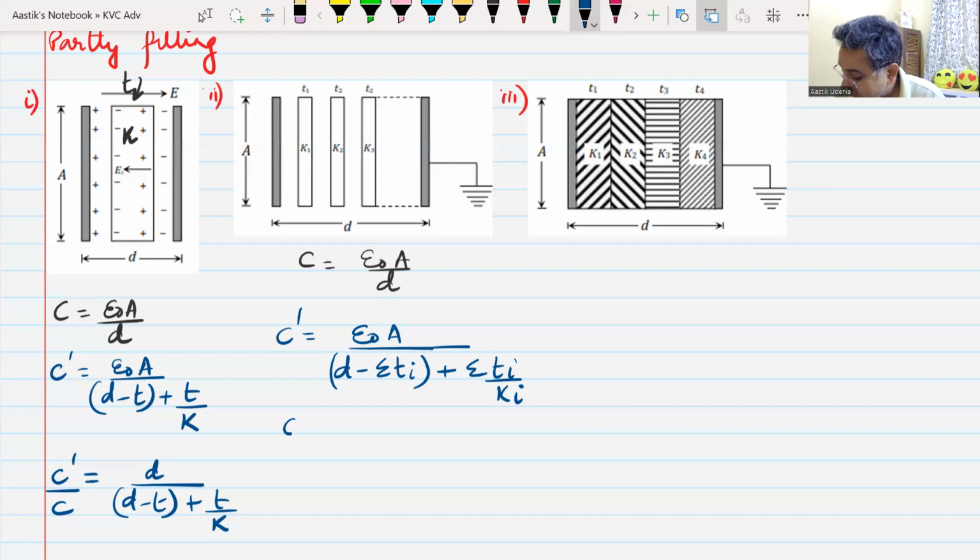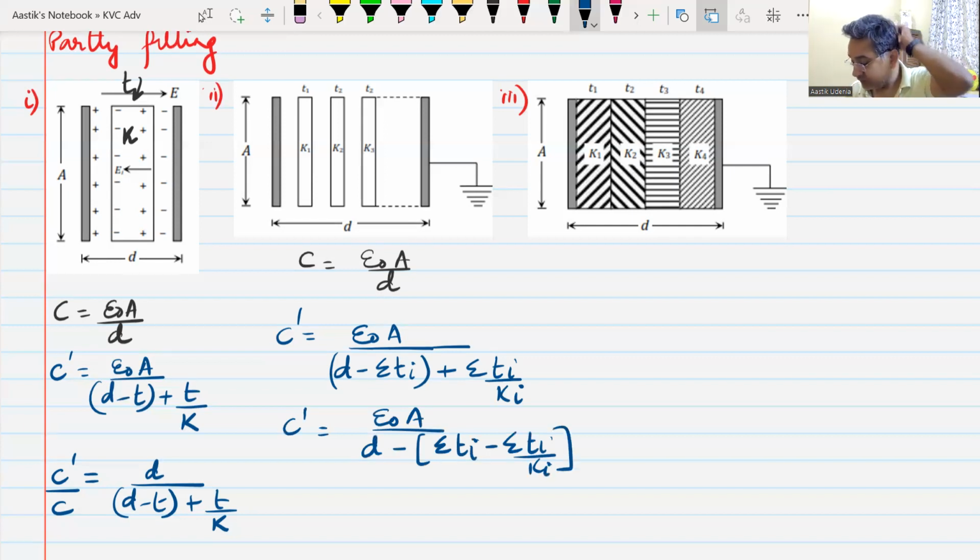You can also write it in this way. Epsilon naught A upon D minus summation of Ti minus summation of Ti by Ki. Do we understand this? Yes or no?